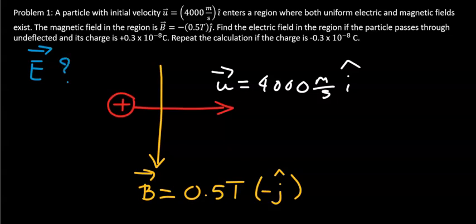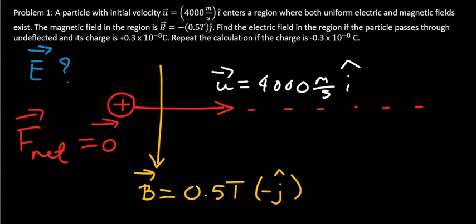What is the magnitude and the direction of the electric field so that this charge moves undeflected, meaning it goes along a straight line? Now when we say undeflected, that means the net force on this charge has got to be zero. That is the basic concept. So how many forces are there that contribute to the net force?